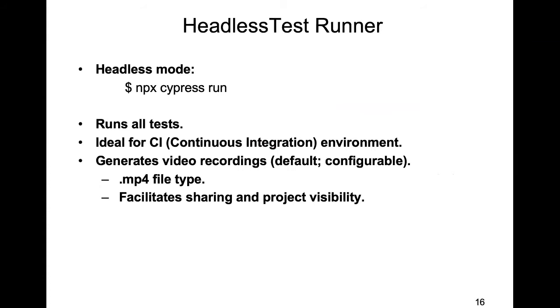The headless test runner. Well, the command that I ran was npx cypress open, and that opened up my Cypress GUI tool. But if you type this command, what it actually does is it runs all of your tests. It doesn't kick off a browser instance or any of that. It runs all of your tests, and it actually generates a video recording of the execution of those tests.